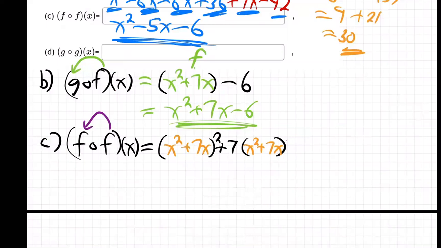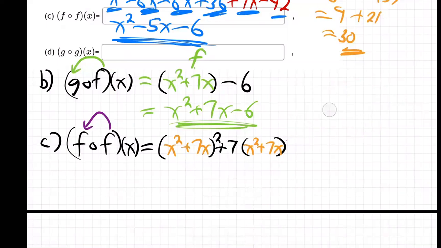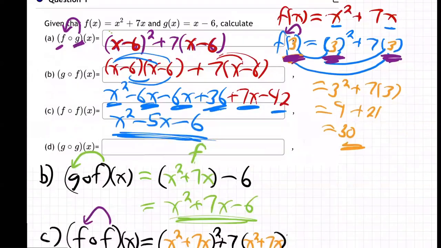Everybody making sense of that? Let me write it up here real quick. This is f of x, right? So I plugged all of this into itself. Maybe it'd be better if I went right up here where f is.